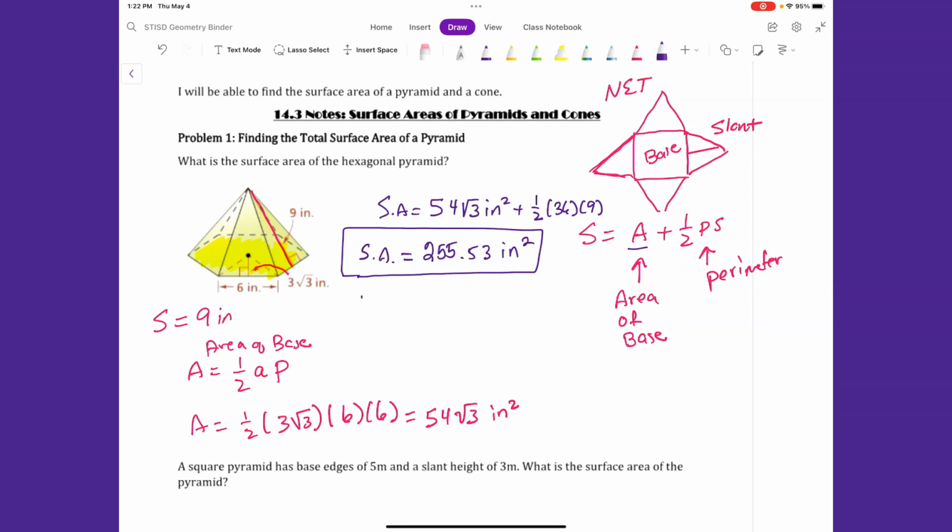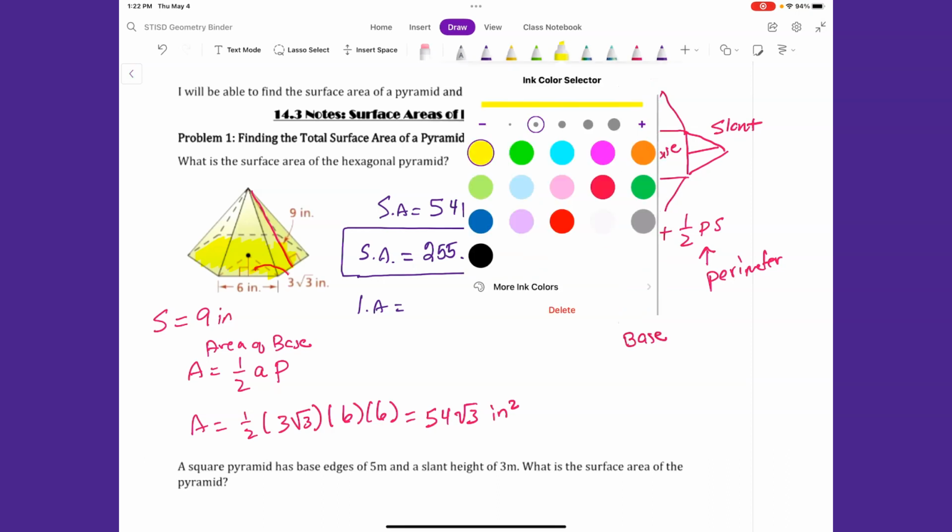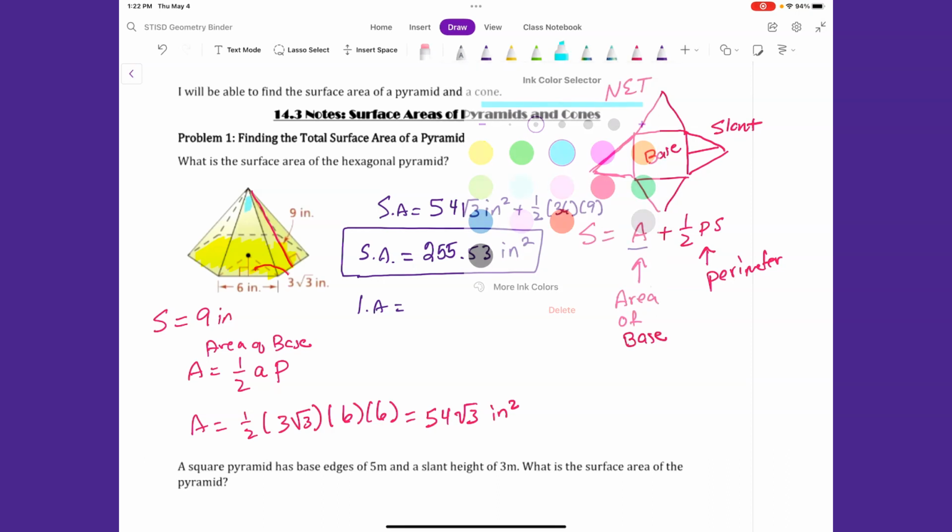The lateral area is just the area of each face of the triangles. So let me go ahead and highlight that. It's these here. And we know that there are 6 triangles, since there are 6 faces. So it's 6 times 6, that's 36, times the slant height.